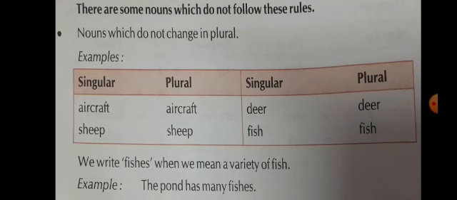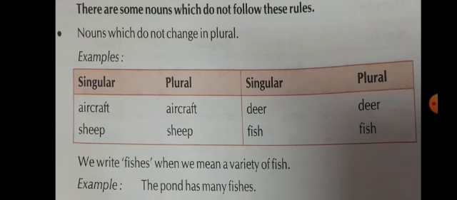So, which are these nouns? Aircraft. So, its plural will be aircraft. Sheep, plural will also be sheep. Deer, plural will also be deer, and fish, plural will also be fish.